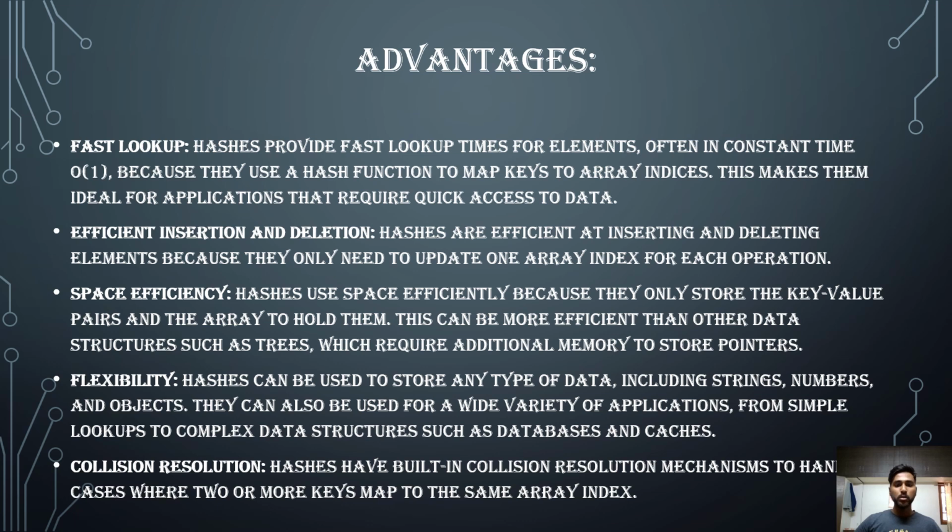They can also be used for a wide variety of applications, from lookups to complex data structures such as databases and caches. The next one is collision resolution. Hashes have a built-in collision resolution mechanism for cases where two or more keys map to the same array index.